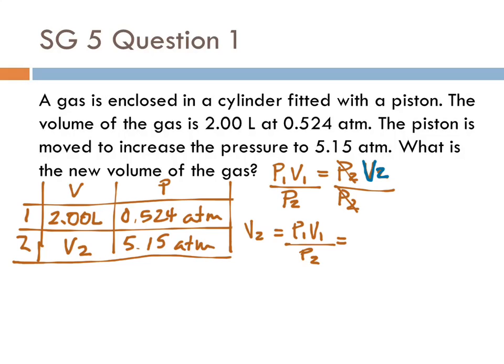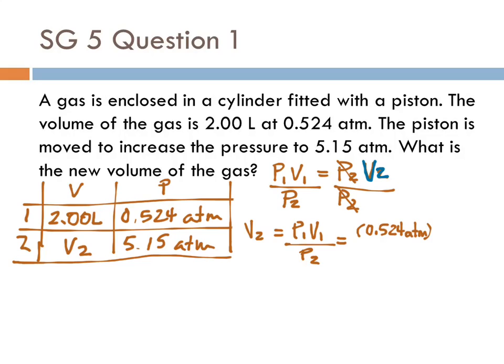So P1 is 0.524. Write the units in there. On this worksheet, if you do not show me this written out with units, then you don't get credit for it.